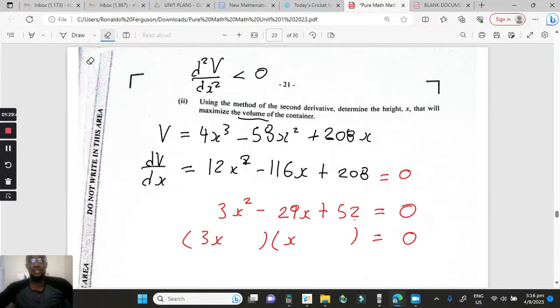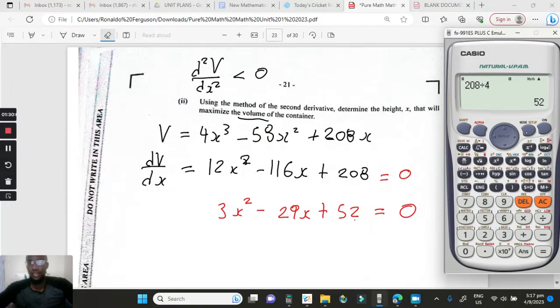Alright, so let me say 13 and 4. If I put 13 here and 4 here, this is 12 and 13. That's not working either. I can't look at it and see it so easily, so I'm just going to use a calculator and solve it.